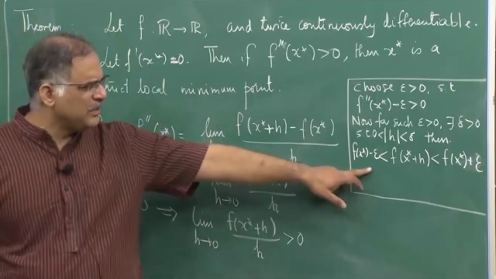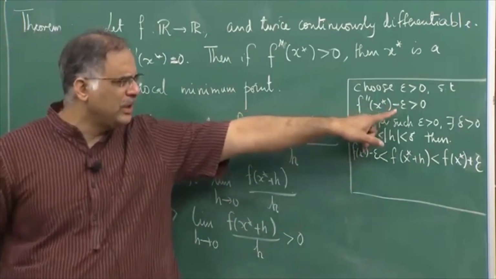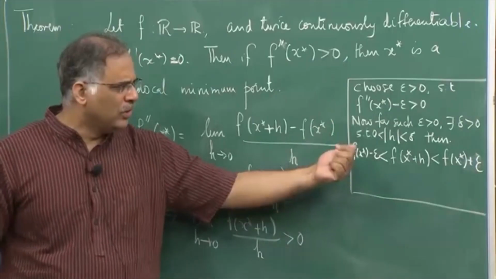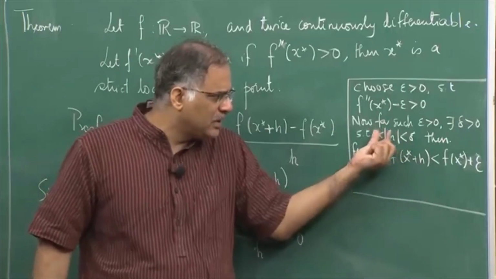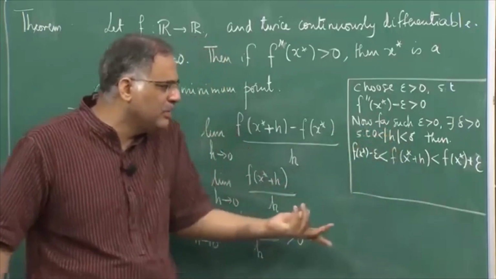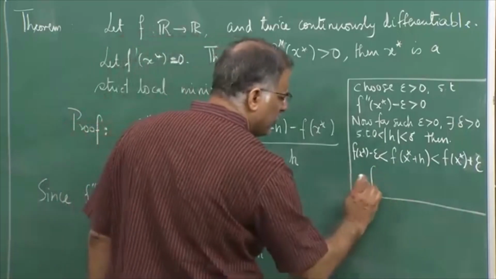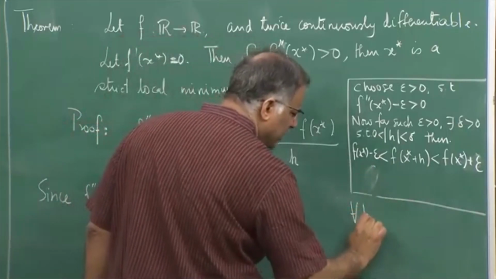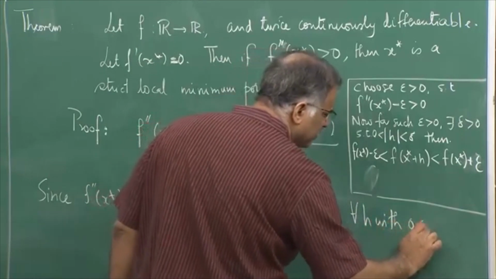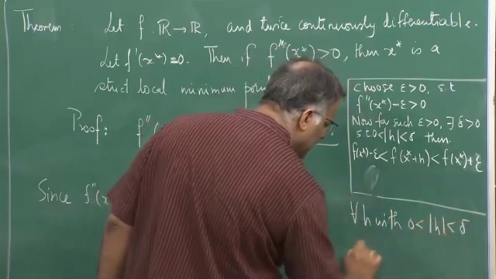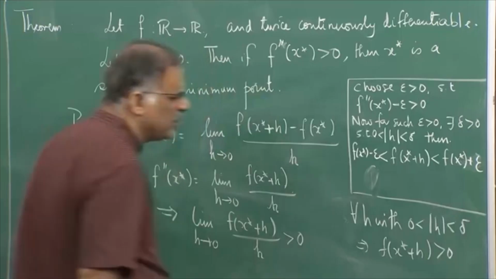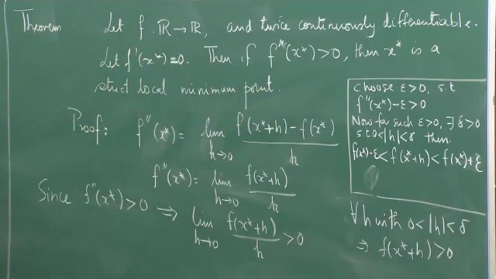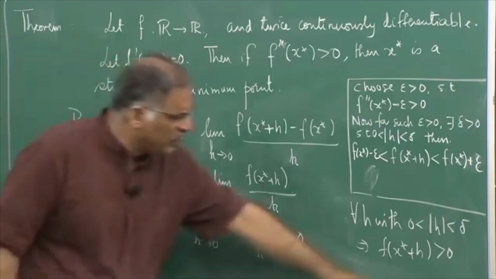But I have already chosen epsilon such that f''(x*) - epsilon is strictly bigger than 0. So for such an epsilon I can get a delta for which this is true. Whenever |h| is strictly less than delta, and obviously h is not 0, this implies that the quotient is strictly bigger than 0. So it says this is true for real numbers h whose absolute value is sufficiently small.